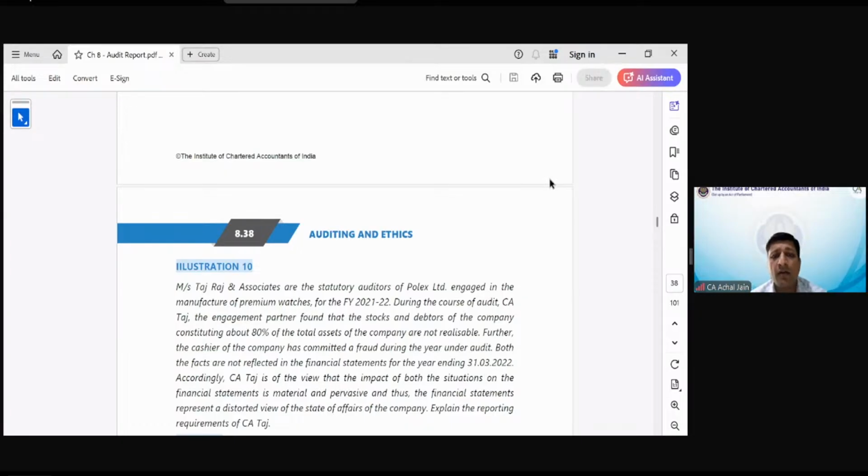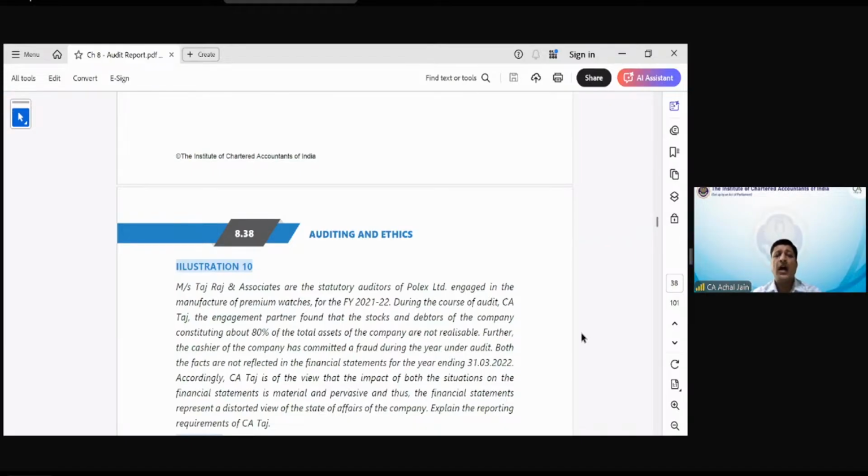Stocks and debtors of the company, constituting about 80% of the total assets of the company, are not realizable. Okay, so that's the assessment of CA Taj. Further, the cashier of the company has committed a fraud during the year. Which year is this? 21-22. Means the year for which the audit is going on, there has been a fraud committed by a cashier. So there is a fraud on the company.